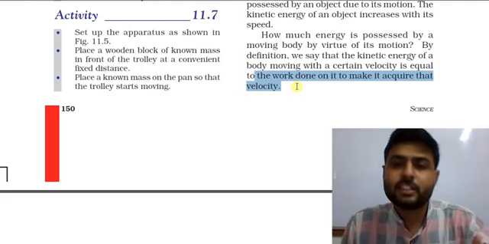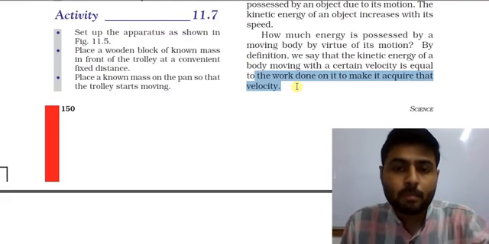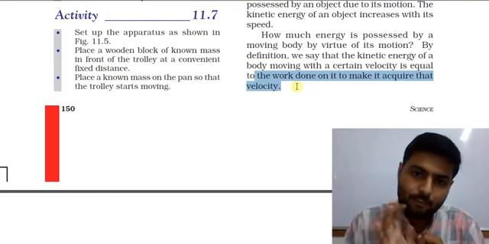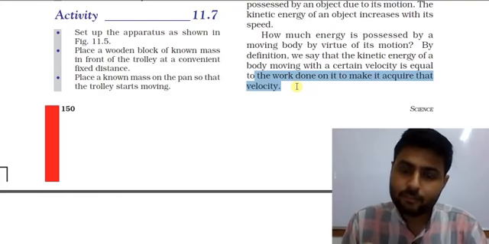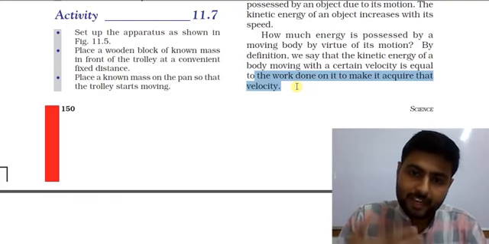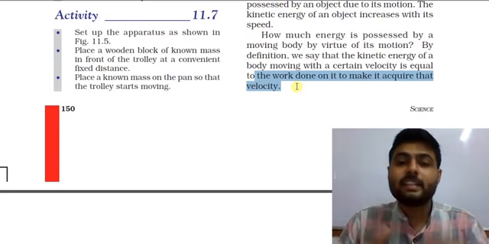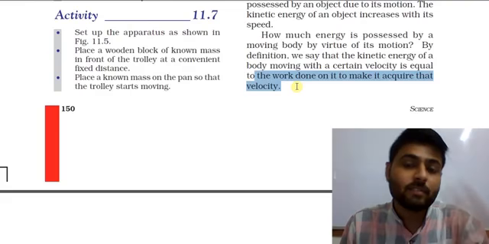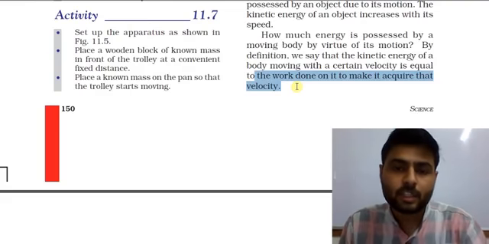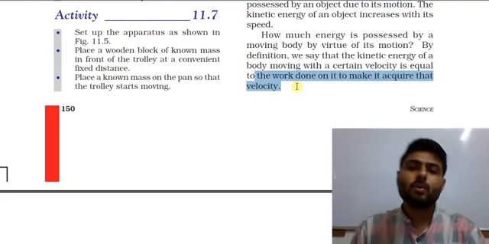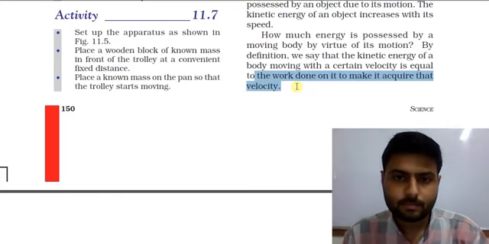From this resting position to this motion, I have to apply force. So the force that is necessary to gain this velocity or this motion is equal to kinetic energy.